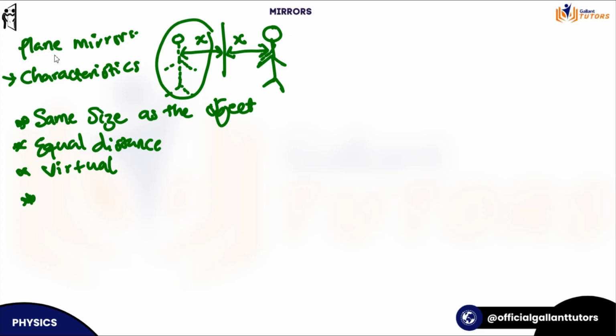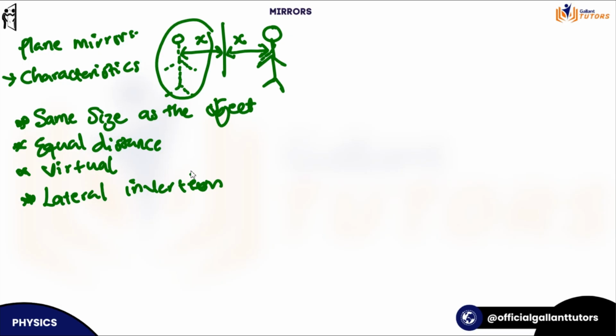So in a plane mirror, we actually see lateral inversion. The left becomes the right, the right becomes the left. Also in letters, the last becomes the first, and the first becomes the last. So please take note of this principle. They ask it a whole lot.